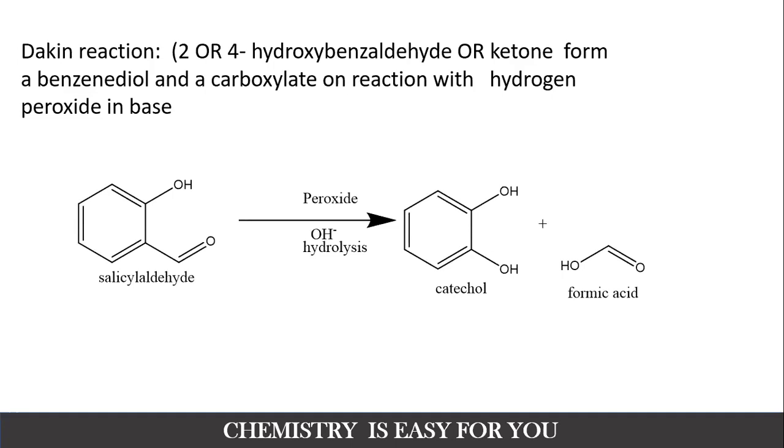So this is the reaction in brief. That is salicylaldehyde, you can see the structure here. Peroxide will be there, and you know what peroxide is, there will be OOH. And if we hydrolyze that, we'll be getting catechol and formic acid.